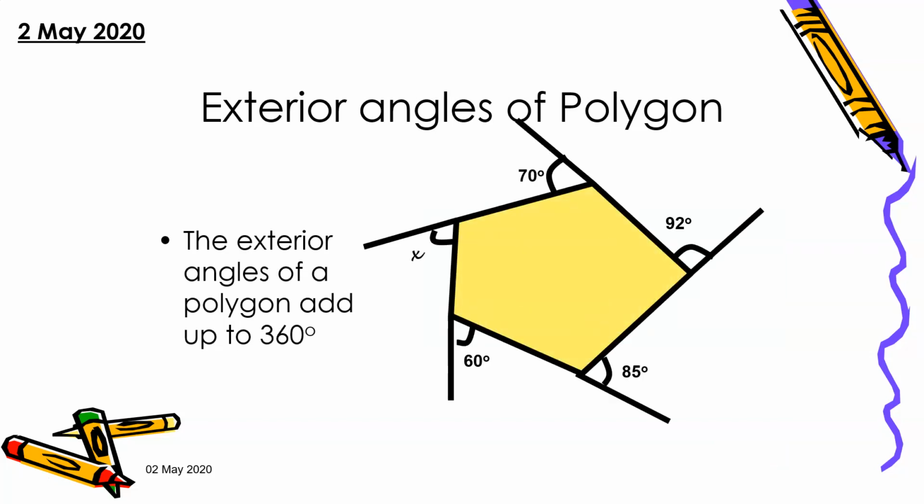If we know some of the exterior angles, we can work out what the missing ones are. So obviously 360 is equal to x plus 60 plus 85 plus 92 plus 70.